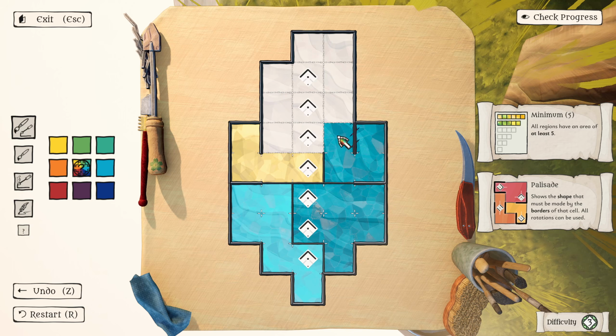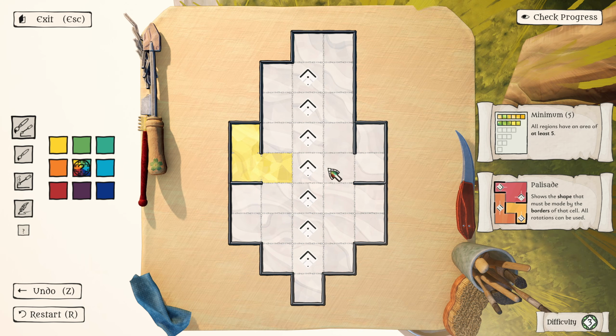That goes up there. That can't go up there. Okay. Restart me again. Neither of these can go up. But they must make 5s. So one of them must come down. At least.